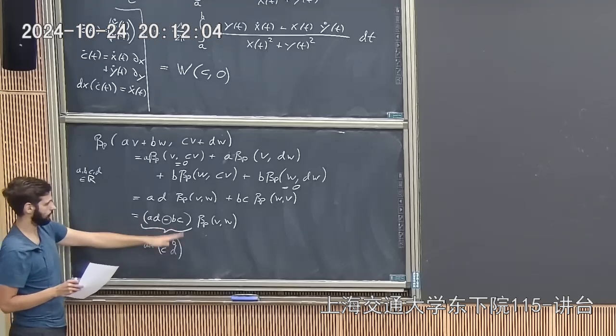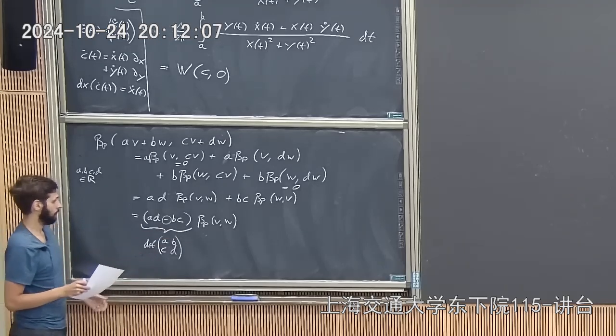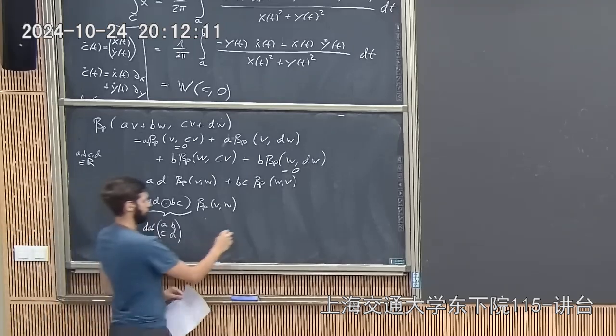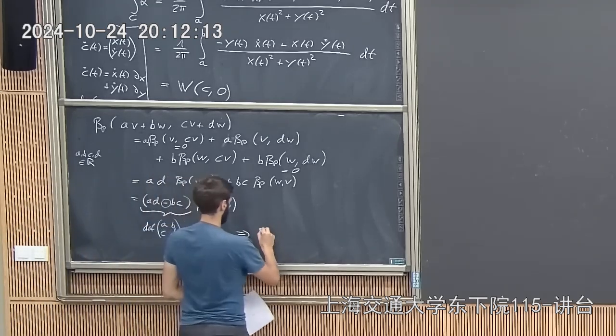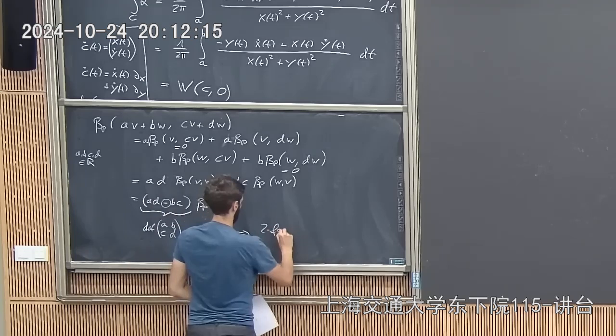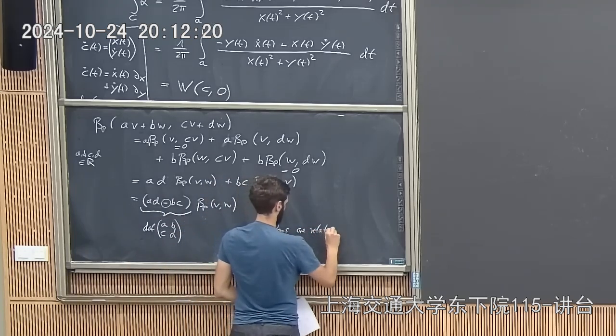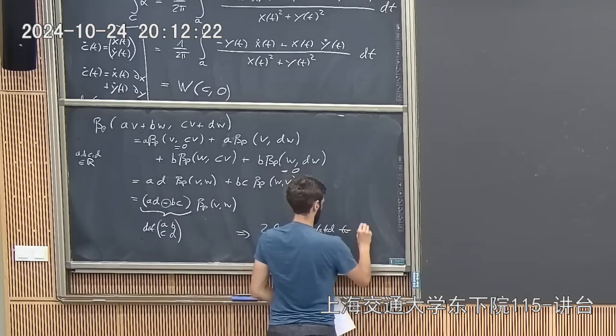If there were a plus here, then that would not be the determinant. So there's a relationship of these antisymmetric 2-forms: 2-forms are related to a determinant.